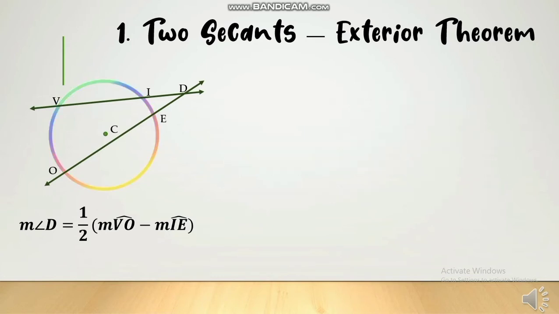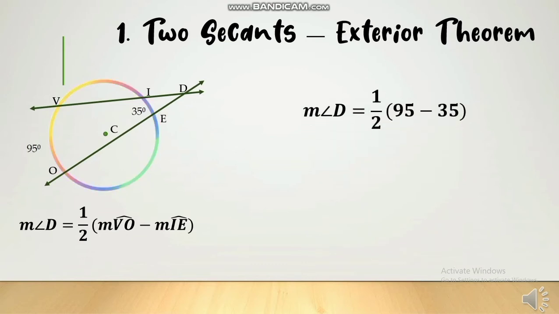So for example, if the measure of arc VO is 95 and the measure of arc IE is 35, what is the measure of angle B?